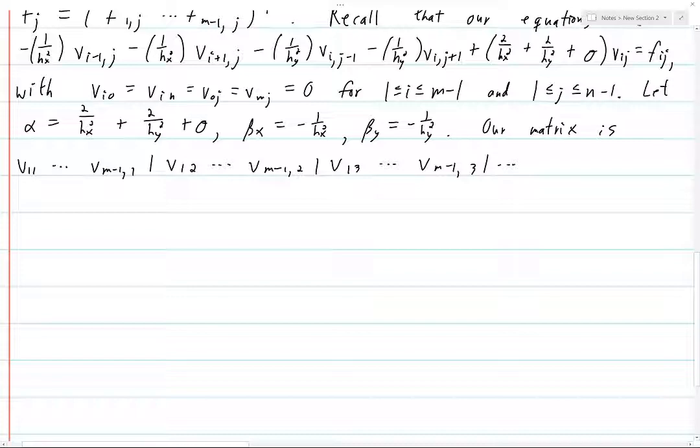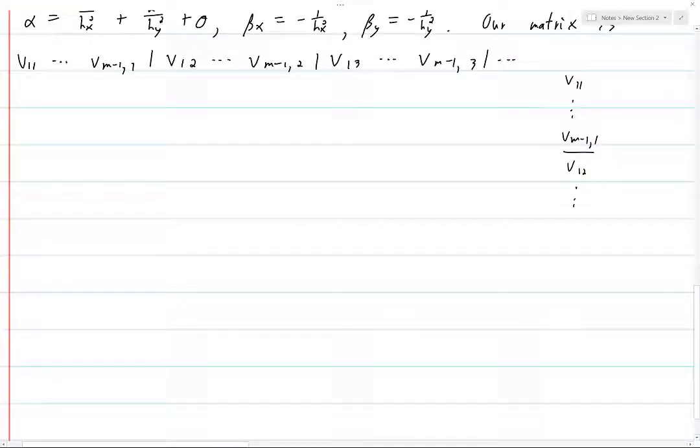So it's V11 through Vm-1. Let me give myself an entire screen here. So V11 all the way through Vm-1,1. Then we have V12 all the way to Vm-1,2.